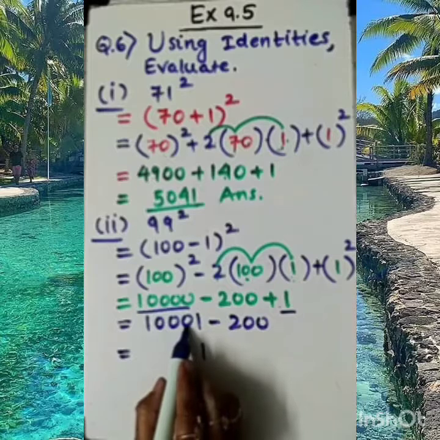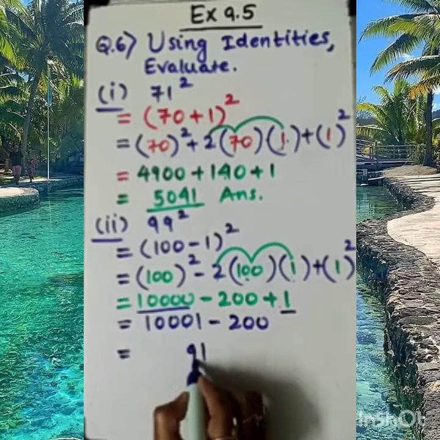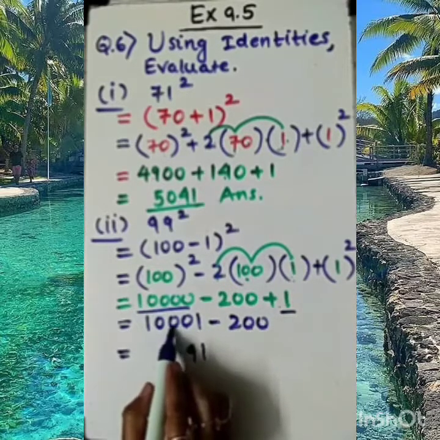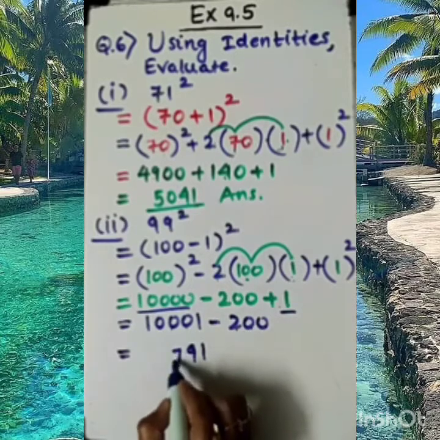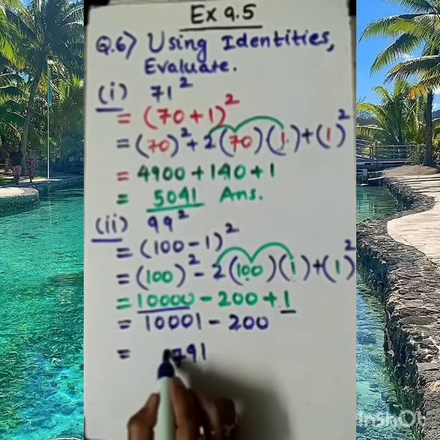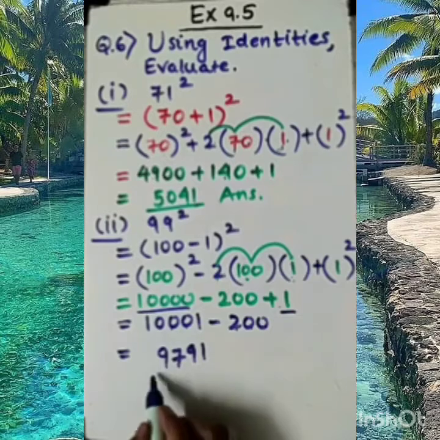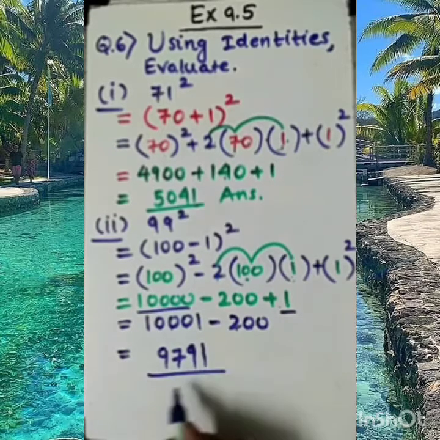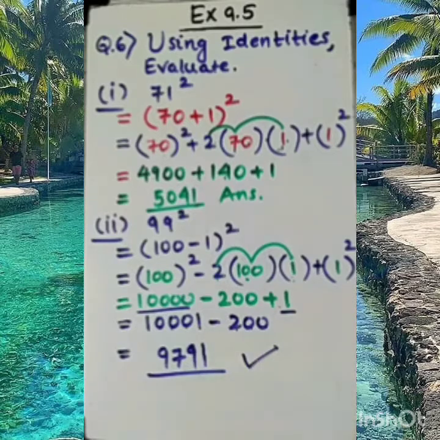Here 9 left, 9 minus 0 is 9. Again 9 left, 9 minus 2 is 7. So the answer of 99 square will be 9791 after subtraction. Let's check once again.